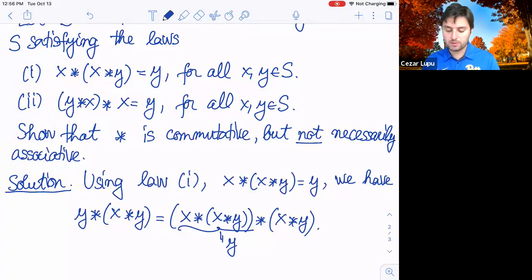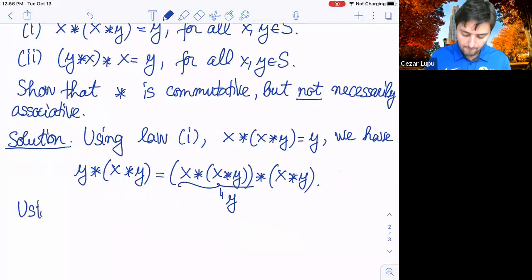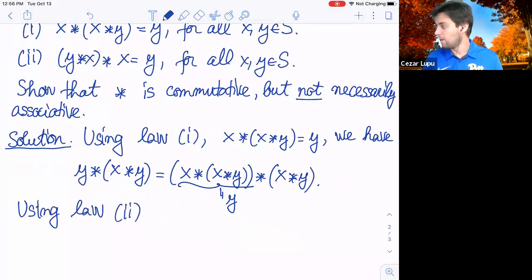Now I have this, so maybe I should use the second law. Using the second law, what do we get?